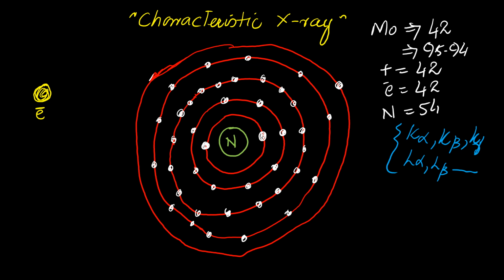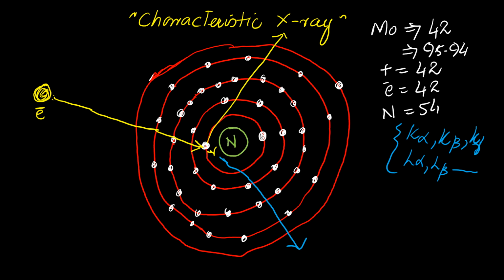Whenever this high energy electron falls on an electron present in the inner shell of an atom, suppose in the K shell of a molybdenum atom, this electron knocks the K shell electron out. This will create a vacancy in the K shell, and the incident electron is also deflected and goes away from the atom like this.